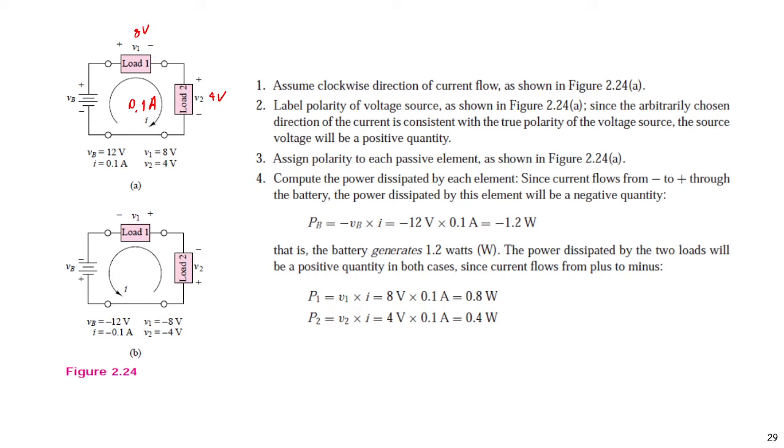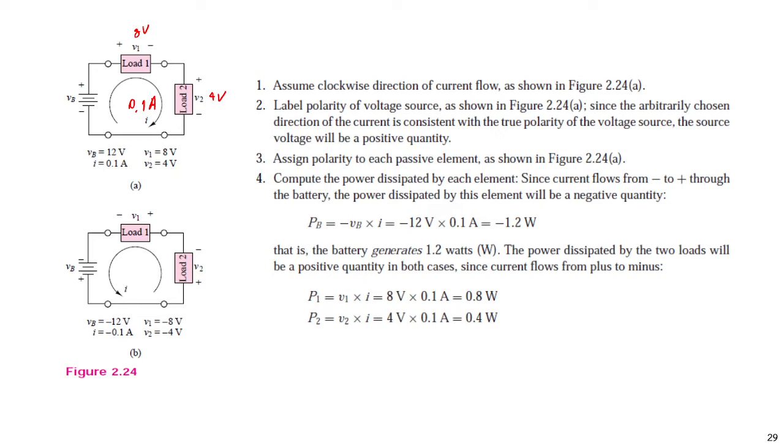If we compute the power dissipated by each element, and the current flows from negative to positive through the battery, then the power dissipated by the battery will be a negative quantity.